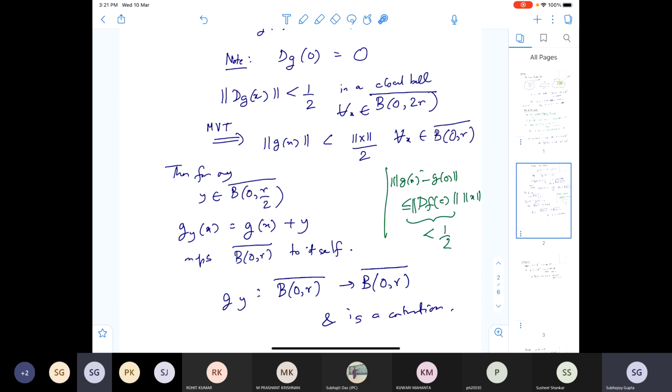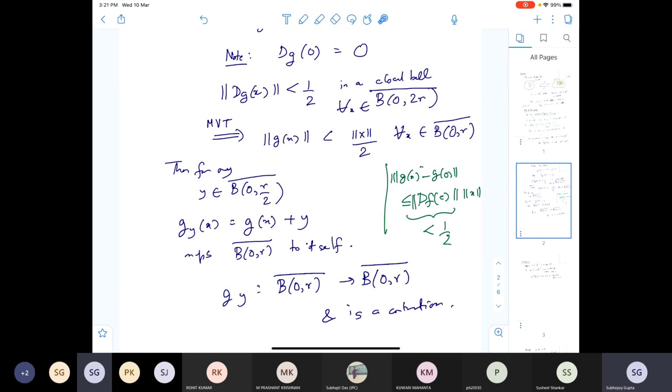If you fix a y, this is just a translation, so this is still a contraction. If you look at the definition of a contraction, these y's would cancel out when you subtract g_y of x and g_y of x prime.